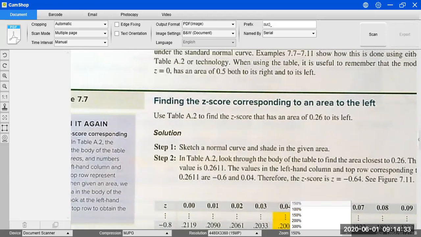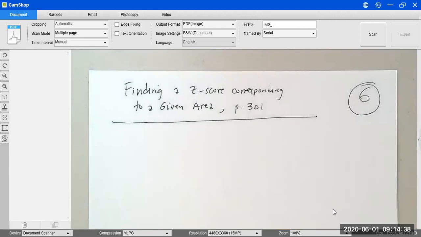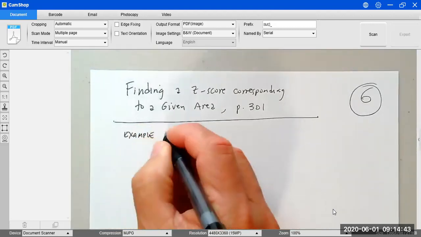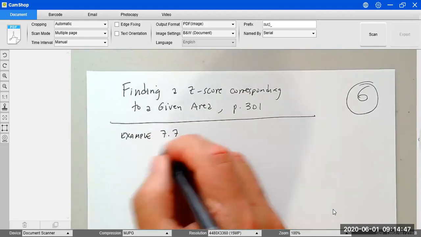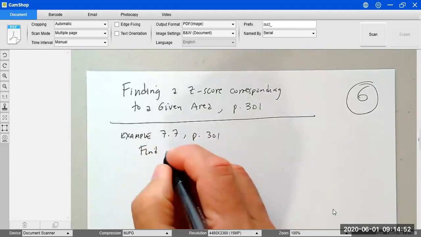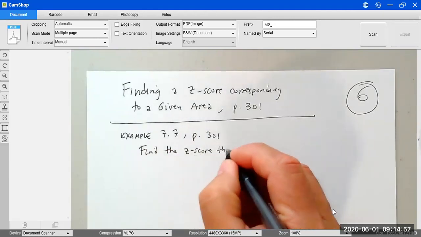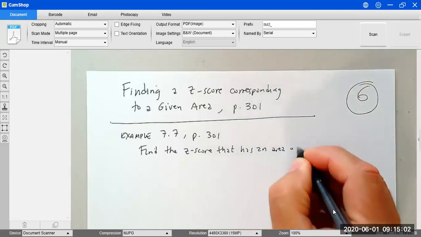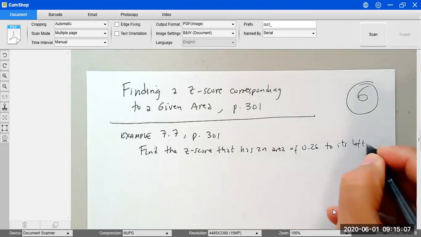They say use the table, but we're going to use language R. So for example 7.7, on page 301, we're going to find the z-score that has an area of 0.26 to its left.